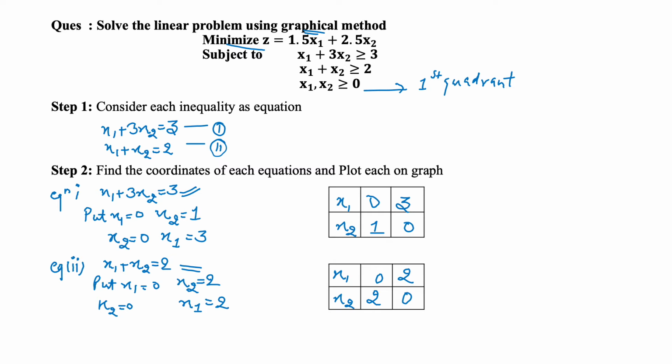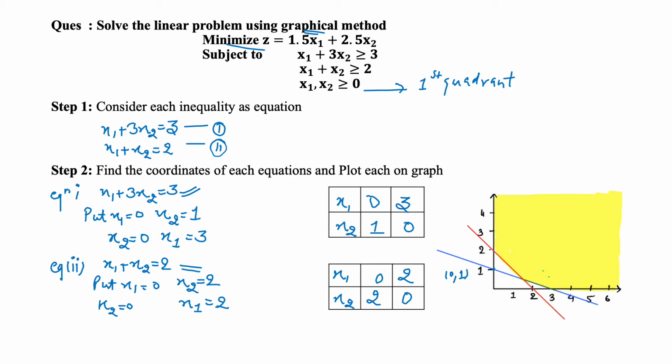Now we will plot them on the graph. The first point was (0, 1), so this is my point (0, 1). And then this point is (3, 0). By joining them we get the line for equation 1.